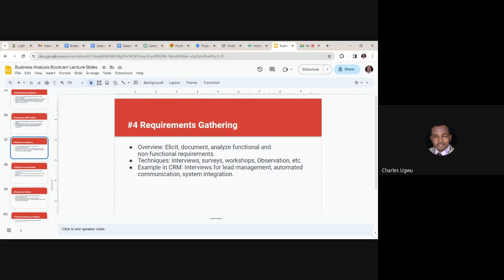You can have a workshop or interview with this sales team to understand the relevant social media handles they are using, for you to know where to carry out the integration process. So these are ways we can apply requirement gathering within CRM.